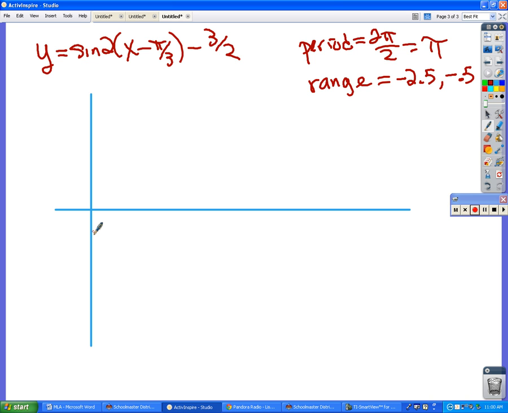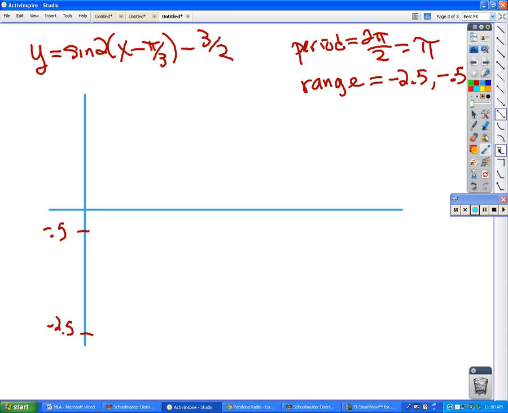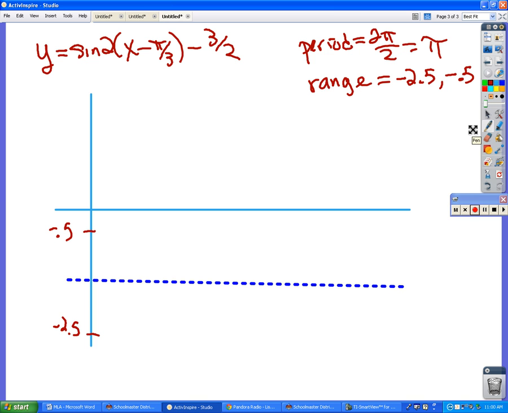Okay? So this graph is going to actually be entirely below the x-axis. Now because of that, one strategy that you can use to make it easier to graph is you can draw a dotted line in where the middle of it would be, which would be at negative 1.5.